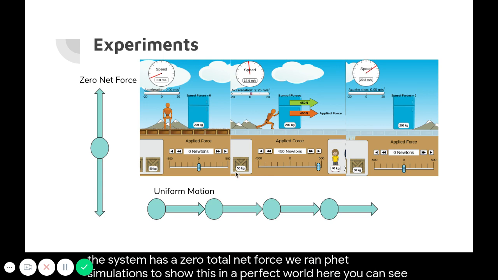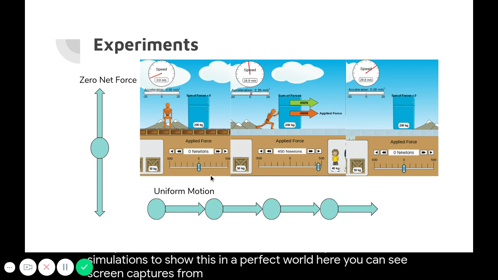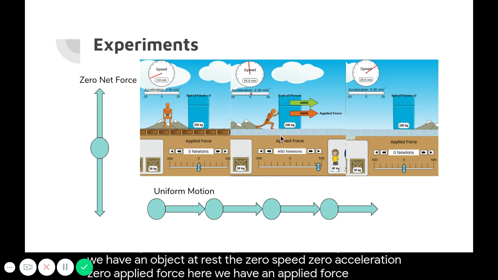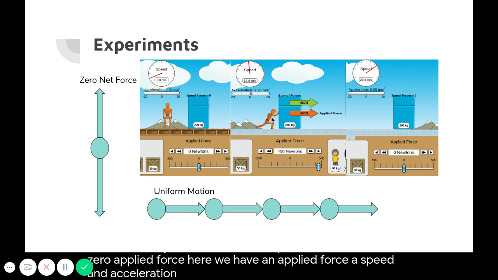Here you can see screen captures from all experiments. In this first picture here, we have an object at rest with zero speed, zero acceleration, zero applied force. Here we have an applied force, a speed, and acceleration that happens while the pushing force is happening.